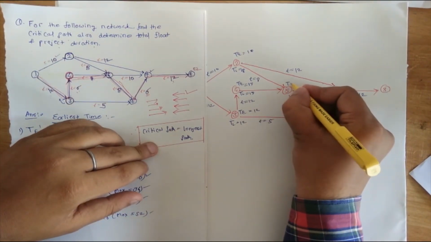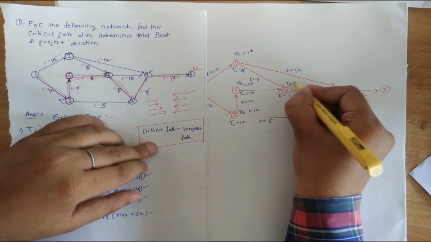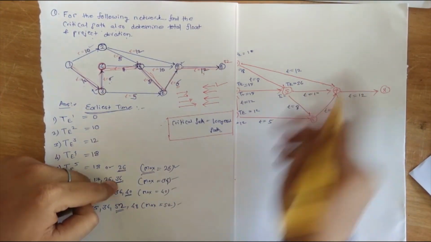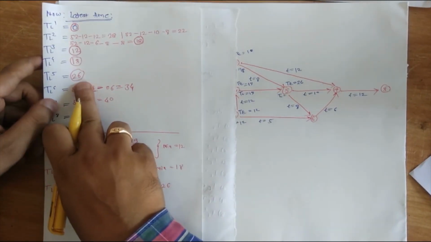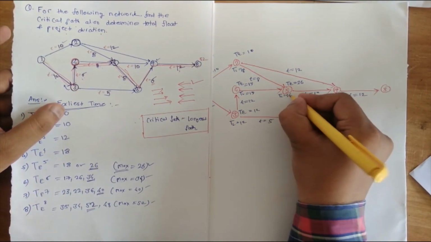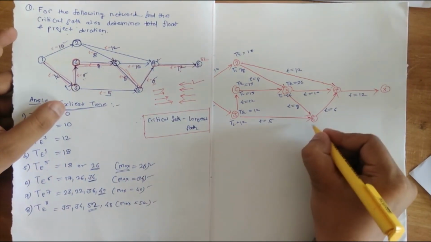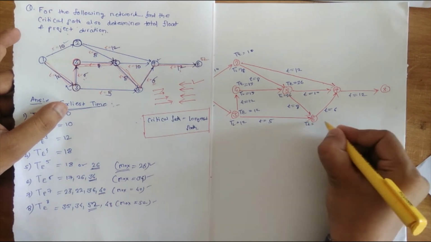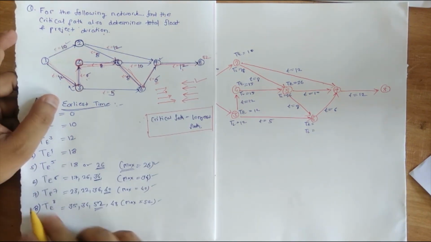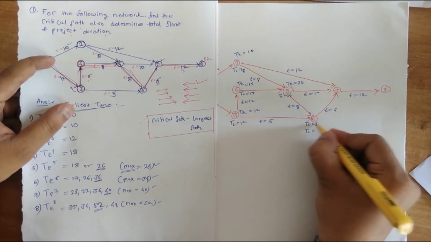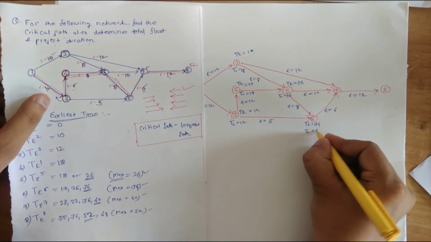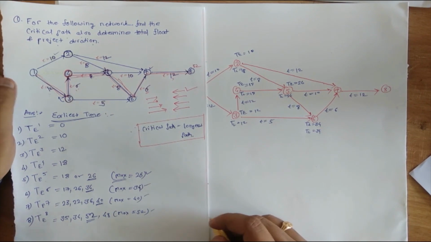At point 5 the earliest time is the maximum, that is 26, and at point 5 the latest time is also 26. So at point 6 the earliest time is 34, and the latest time at point 6 is also 34. You can see it is exactly equal. Okay, 34.